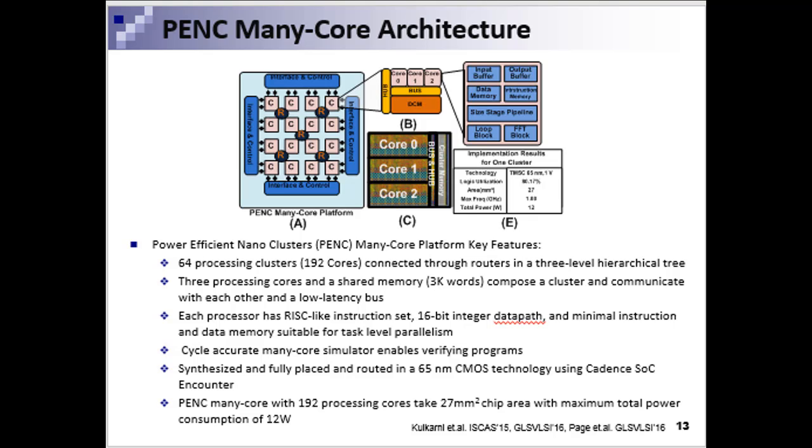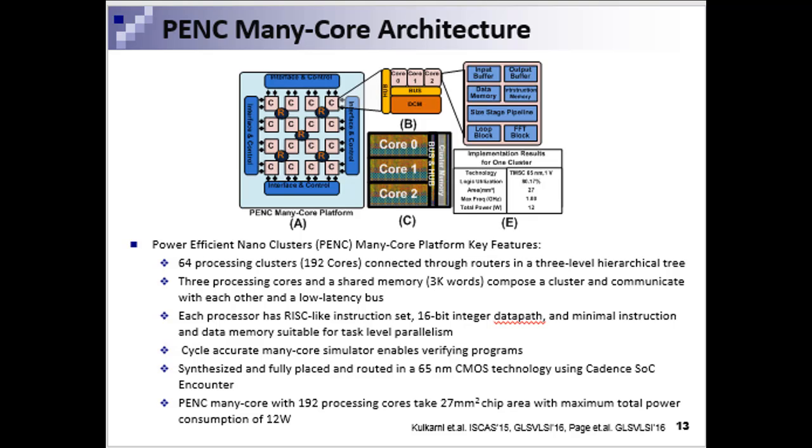I'm going to briefly talk about PEN's many-core architecture. It is a power-efficient nano cluster. This was developed by our lab in EEHPC, and it has been presented in ISCAS and JLS-VLSI, where all the details can be found. I will briefly go over it here. We have 64 clusters connected by a hierarchy of routers, and each cluster has three cores connected through a low latency bus to a shared memory.